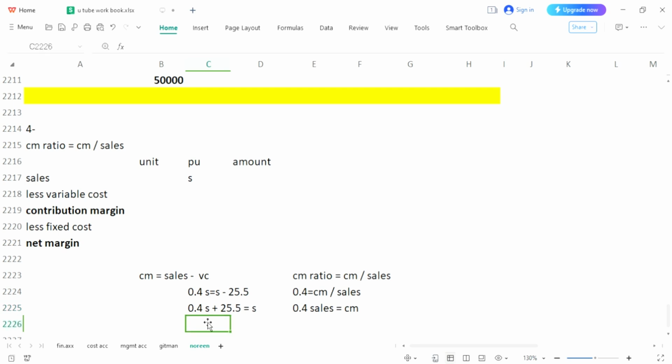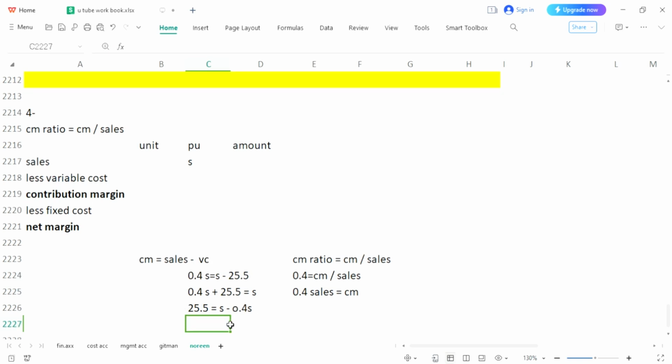Now 0.4 S is added over here, you want to take it to the opposite side, it would be subtracted. What would be left on the left side? 25.5 is equal to S, which was already present over here, and you are taking this 0.4 S to the opposite side, it would be subtracted, minus 0.4 S.